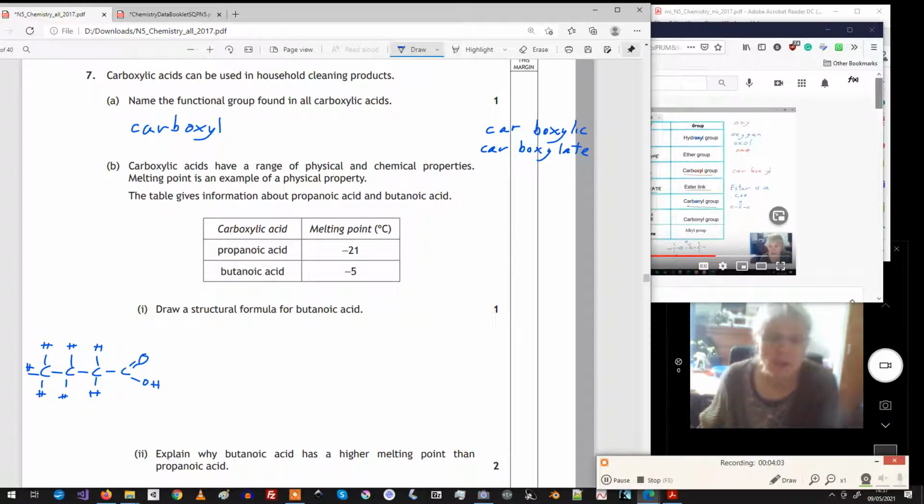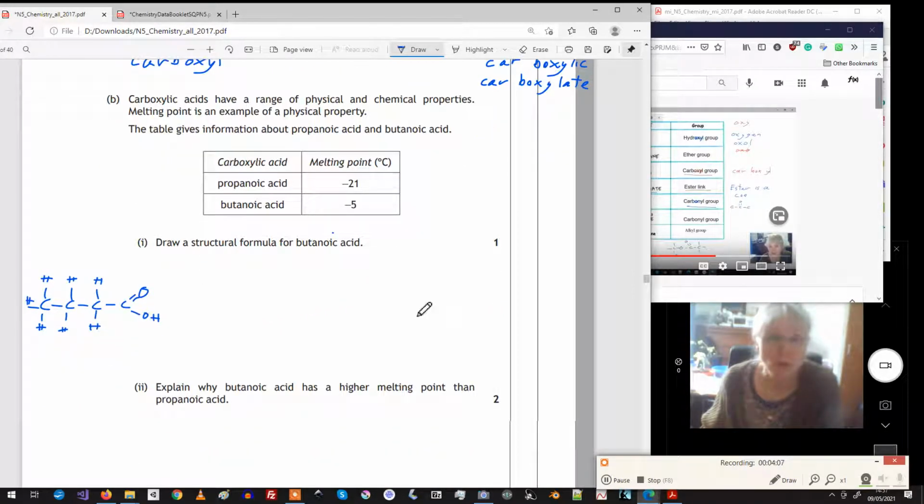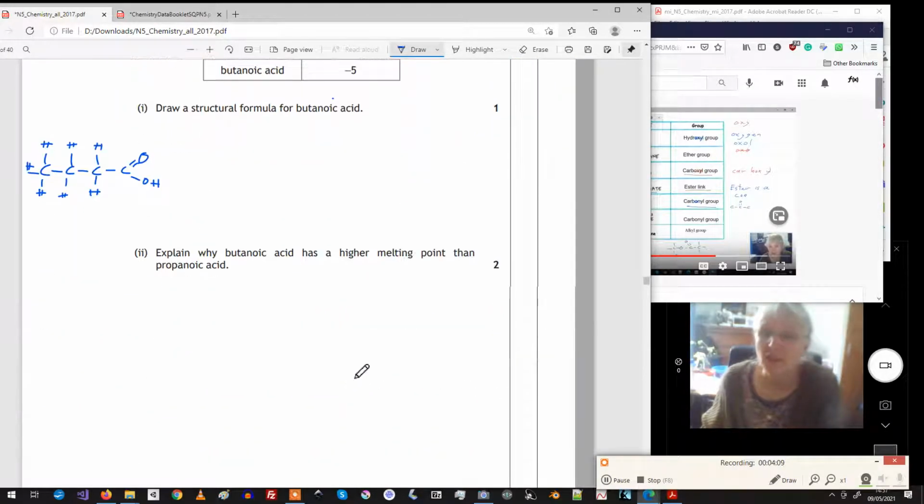And then explain why butanoic acid has a higher melting point than propanoic acid. Now, you always get asked this question, and what they want to say is that it has stronger intermolecular bonds. You know how you can have bonds inside molecules, like covalent bonds and ionic bonds? You also have bonds between molecules.